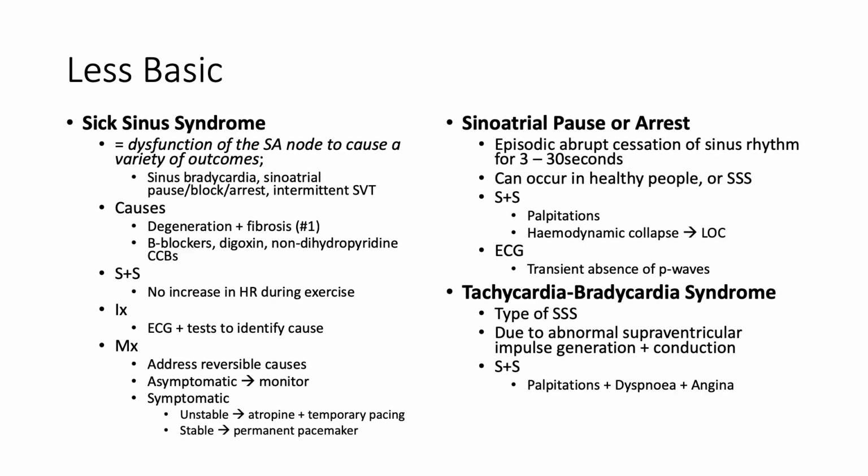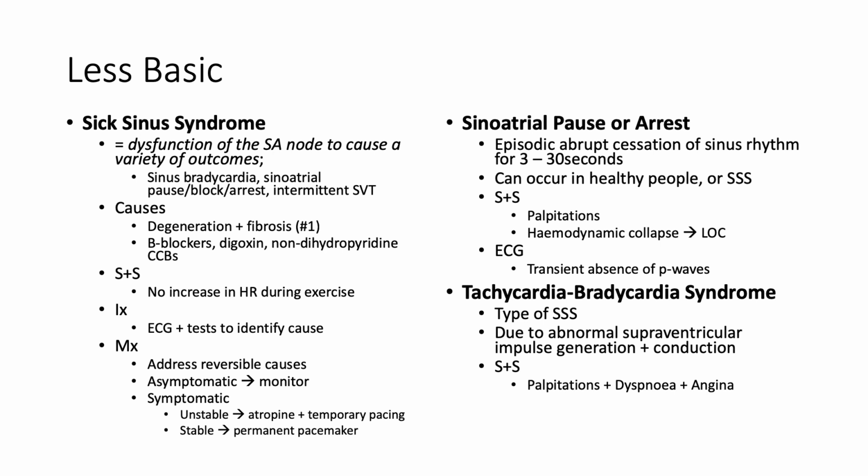Sick sinus syndrome is where your SA node is just a little bit dodgy, and as I've outlined here, it can cause fast and slow heart rates, which is a type of sick sinus syndrome. It mainly happens from degeneration and fibrosis over time, but there are some drugs that can do it.